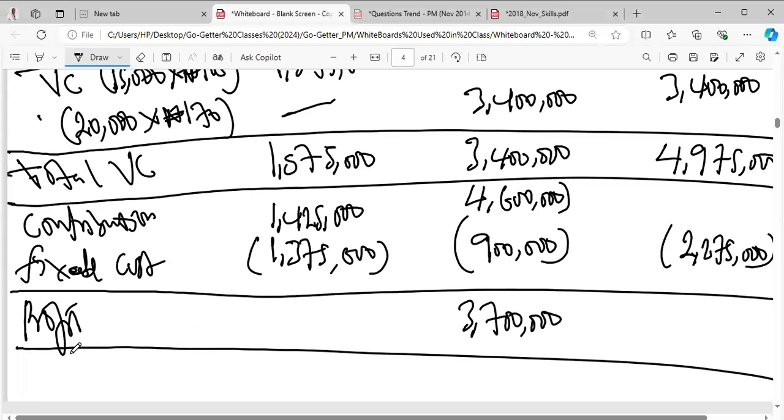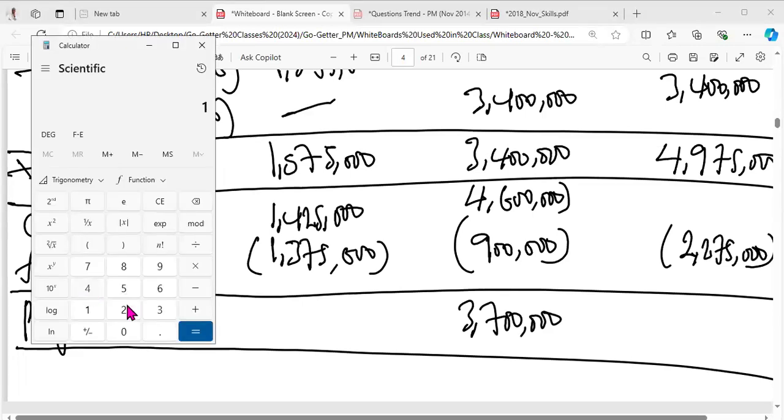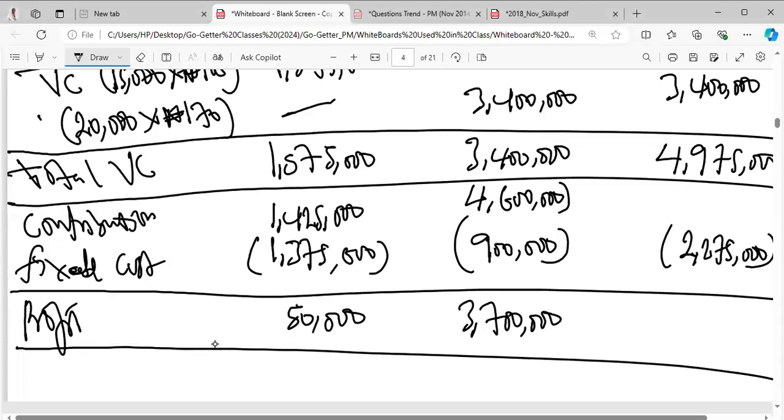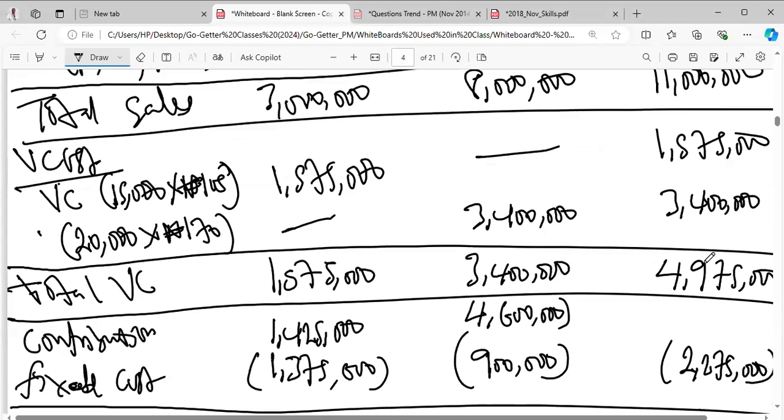Okay, so let's see. This is 1,425 minus 1,375, which is 50,000.